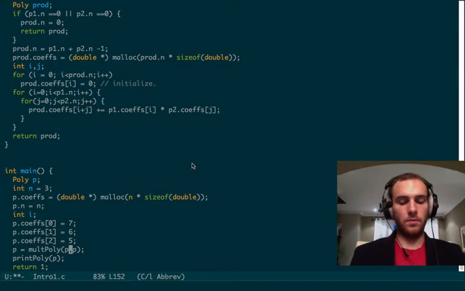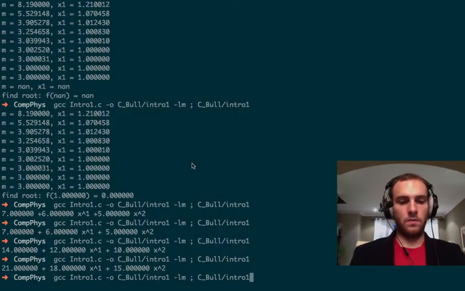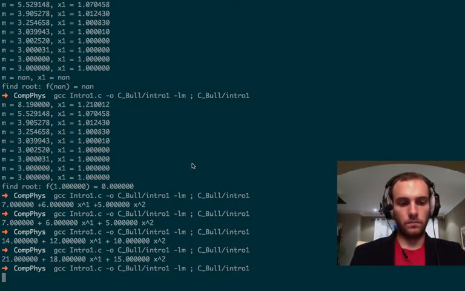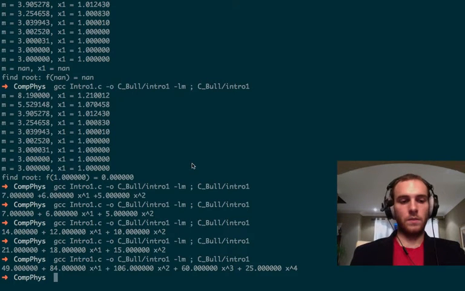Let's multiply poly with itself. So you get 49, which is 7 times 7, plus 84 x to the 1, plus 106 x to the 2, plus 60 x to the 3, plus 25 x to the 4.